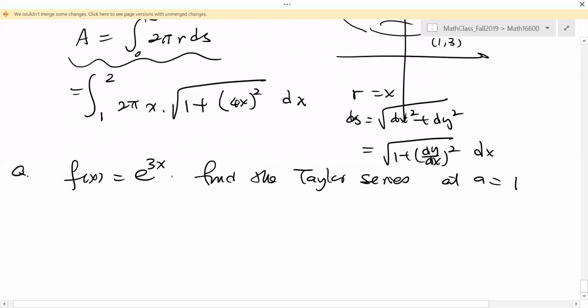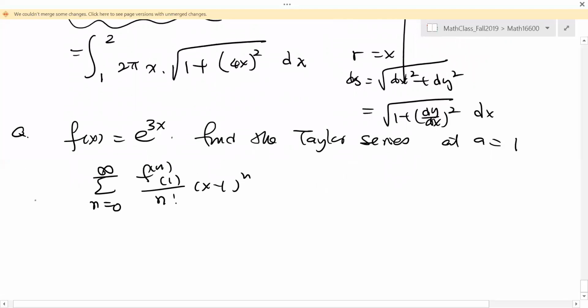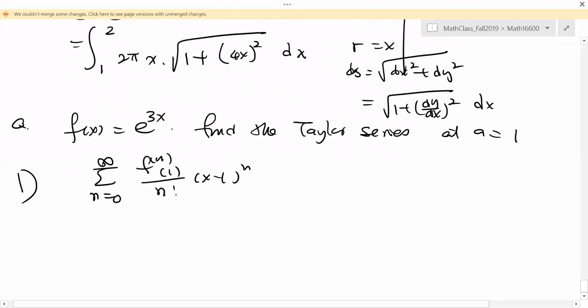The first method is to use the definition, but I do not recommend it to you. If you really want to use the first method as a definition, you have to write down this formula first before you do. And you don't need to prove it's convergent or divergent, but you have to find the derivative.